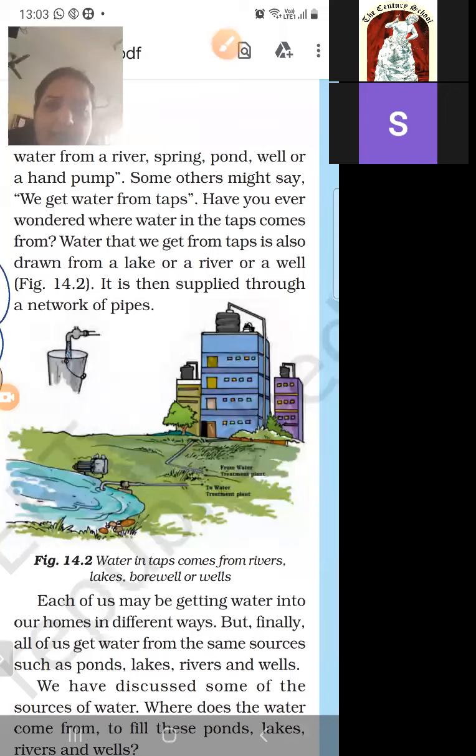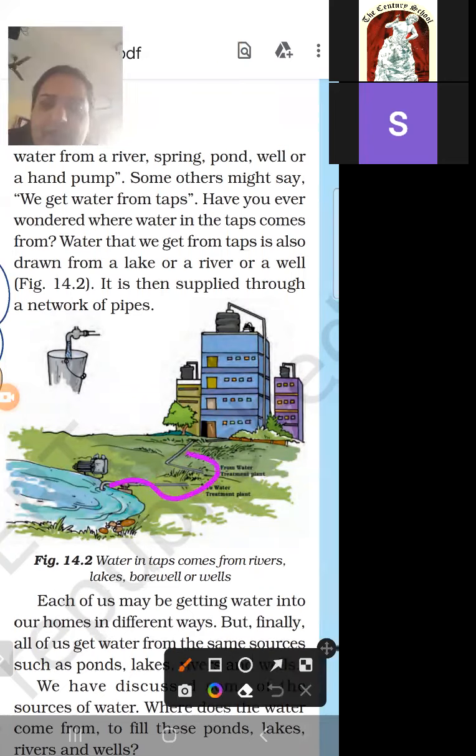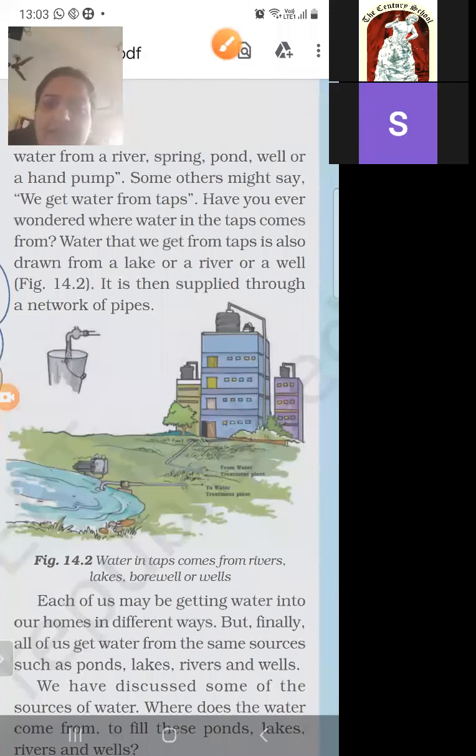We get it from the taps. And how is water supplied through the taps? Through the network of pipes, it is supplied in our house.